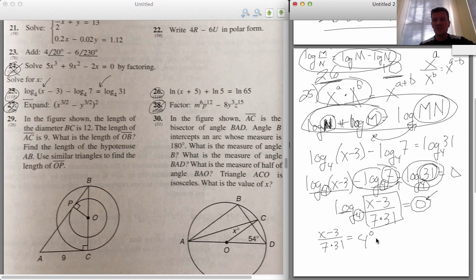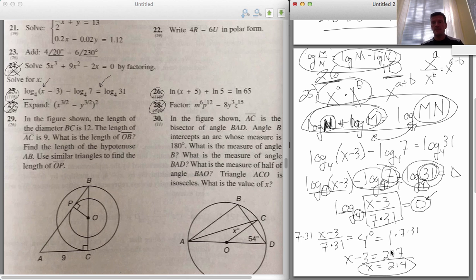Anything to the 0 power is equal to 1. So I'm going to take 7 times 31, what is that, 217. And I got x minus 3 is equal to, I multiply both sides by 7 times 31, or 217. And then you subtract 3, and I think I get to 14.